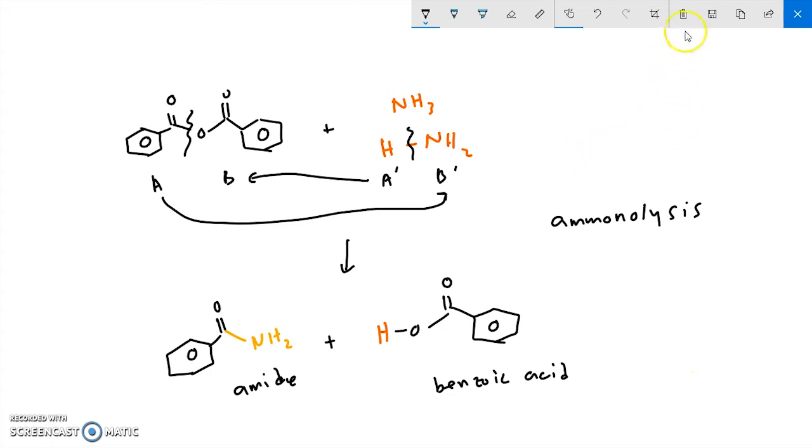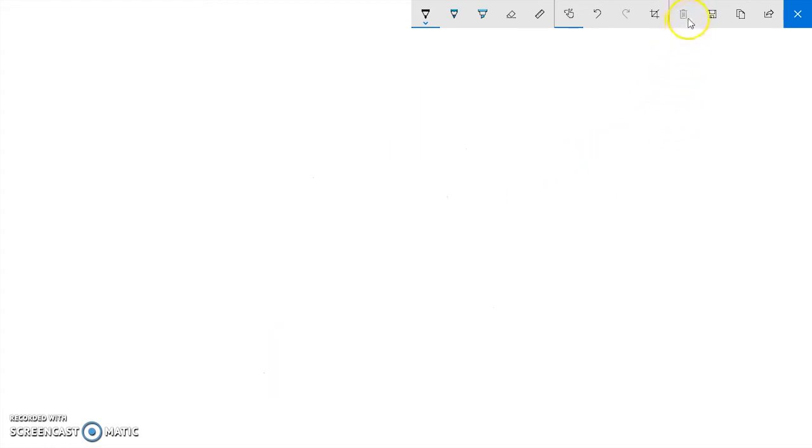Let's take a look at the example for esters. Again, nucleophilic substitution is a reaction between a carboxylic acid derivative and a non-carboxylic acid derivative compound. So, if we are using esters, for instance, the 3-carbon ester attached to the oxygen and attached to the benzene group.